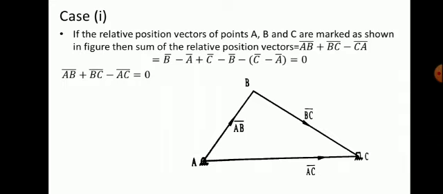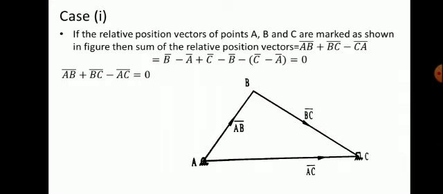For counterclockwise measurement, the angles are considered as positive. Normally we will take clockwise direction as positive. In this case, for counterclockwise direction, you will be taking the angles as positive.